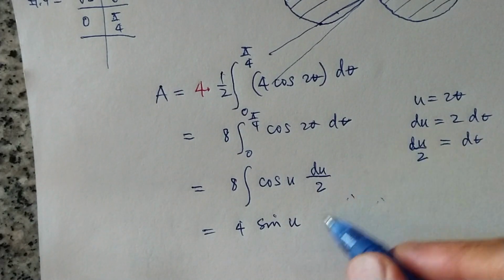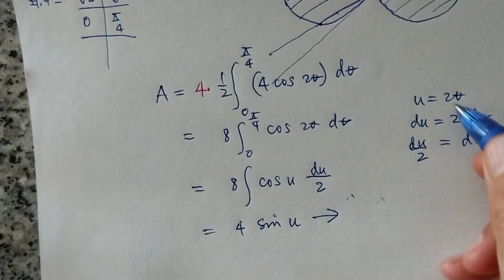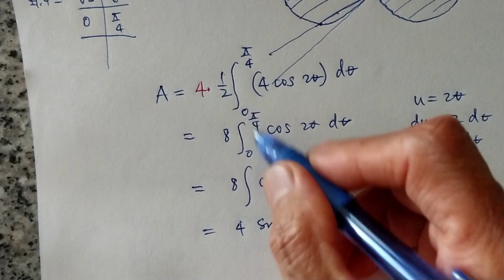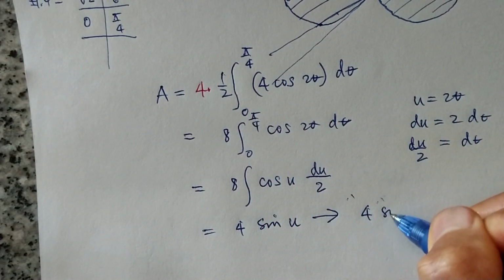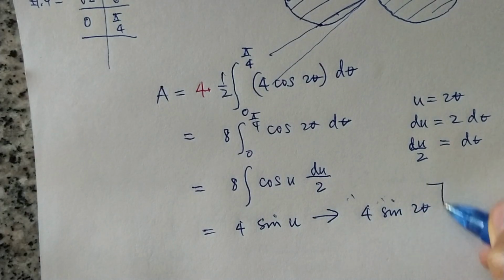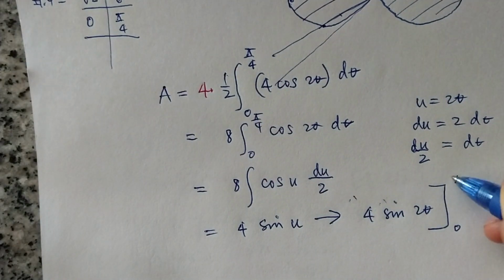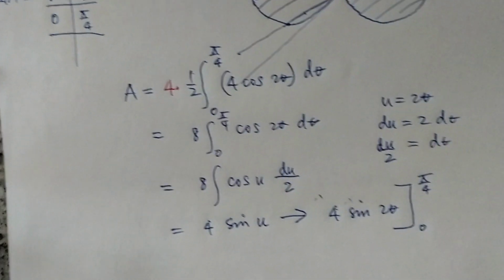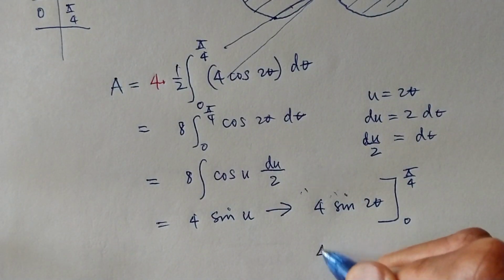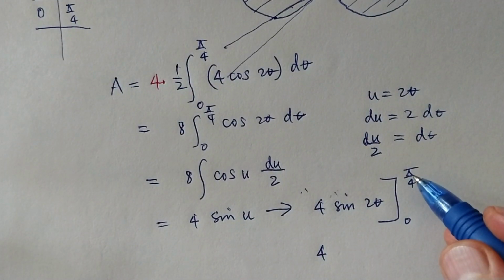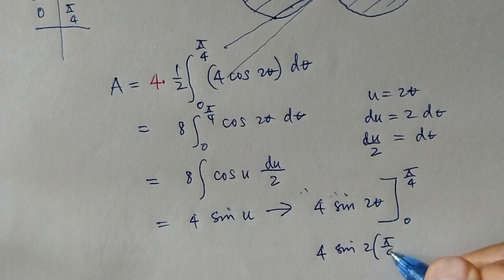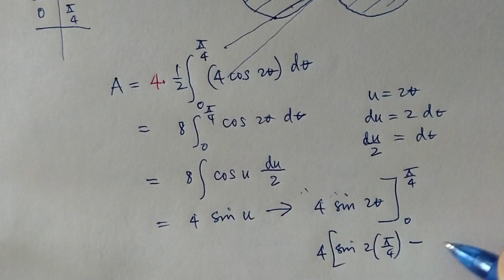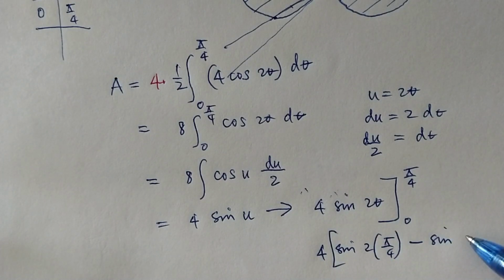Now we can rewrite u in terms of 2 theta so that we can apply back the limits from 0 to pi over 4. So here we go. Sine of 2 times pi over 4 minus sine of 2 times 0.